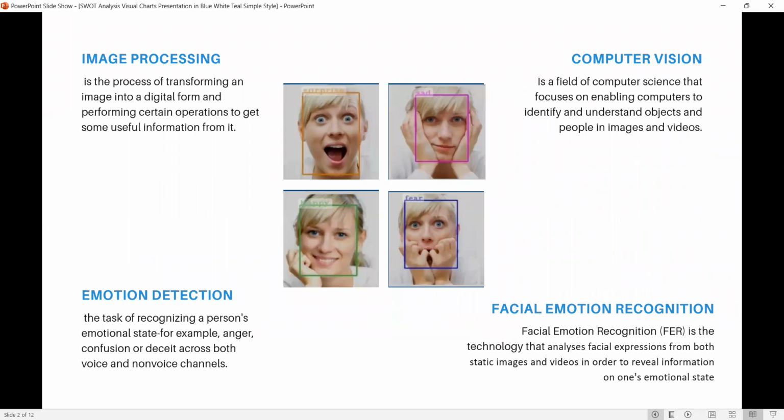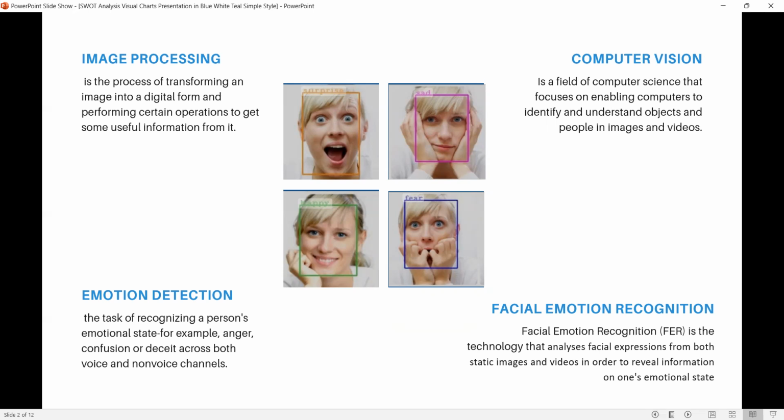It is the process of transforming an image into digital format, performing certain operations to get some useful information. Recognition is a field of computer science that focuses on enabling computers to identify and understand the emotions of people, like fear, sadness, a surprised face, and how we can recognize them using a machine.